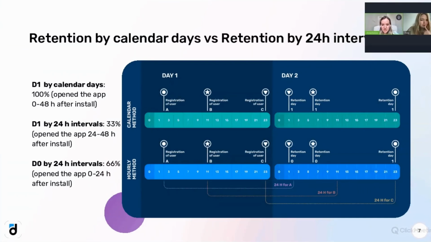Different platforms can define a session and install differently, and that's why when comparing data, you need to make sure to understand how they're calculated. Now you know how DevToDev calculates retention and all other metrics. For every metric that DevToDev calculates, you can check our documentation. That could be the main starting point to define new terms.